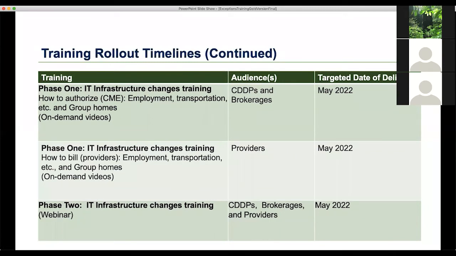And then it says phases. You don't really need to know what that means, but phase 2 is going to be a webinar. Eventually phase 1 and 2 are going to be combined and available, I believe, starting in July, so it will be a module combining these two. So let's move on.